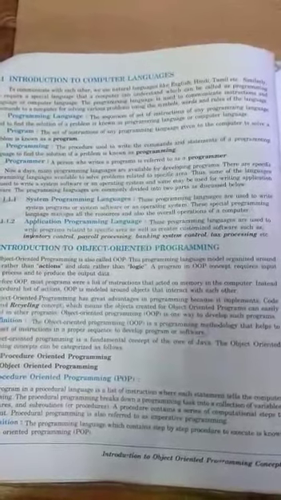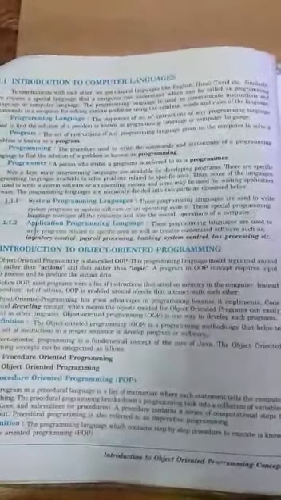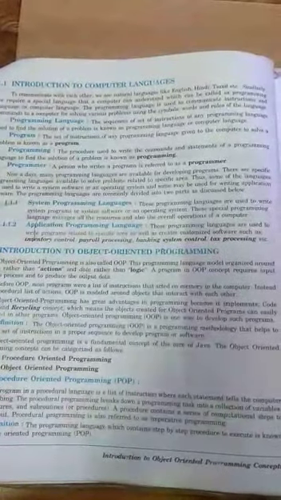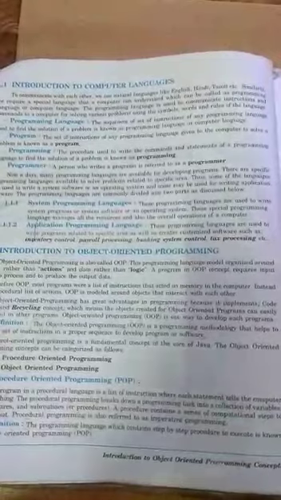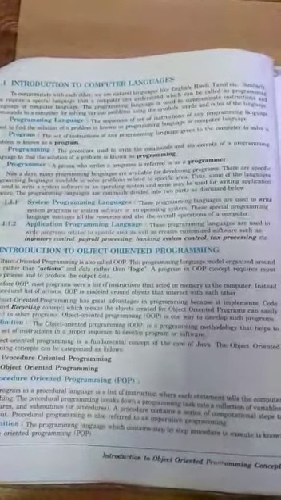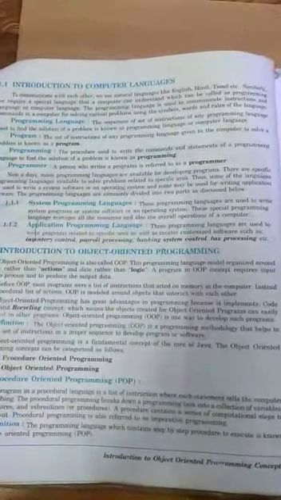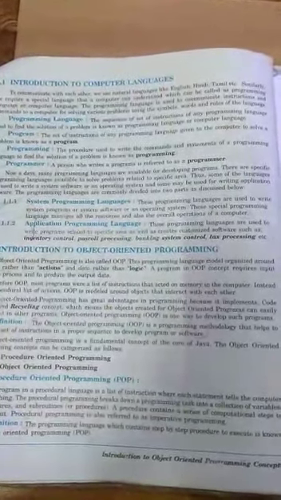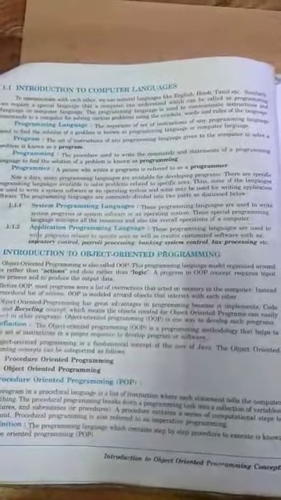Now let us come to system programming language and application programming language. System programming language, as the heading says, system programming language. These are the programming languages which we are using to write the system program or an operating system. So these are the special programming languages which are used to interact between all the resources.